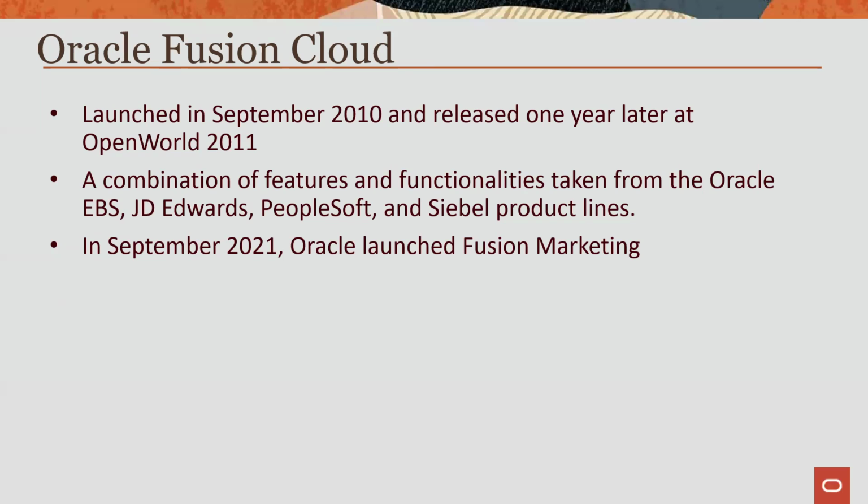Basically, whatever software is required for an enterprise will be covered in Oracle Fusion Cloud. But customers can choose whatever they need. If they need only CRM, they can choose only CRM. If they need only ERP, they can subscribe only for ERP. If they need only HCM, they can choose only HCM.